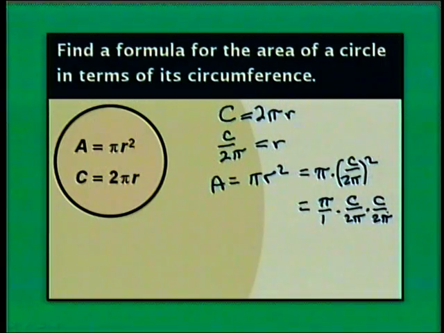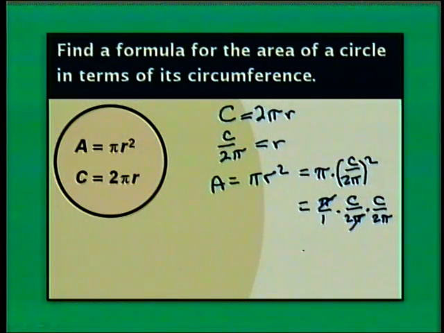I have 1 factor of pi in the numerator. I have 2 factors of pi in the denominator. Pi over pi is 1, so I can divide the factor of pi in the numerator from one of the factors of pi in the denominator. Essentially, I'm factoring out pi over pi, which is 1.